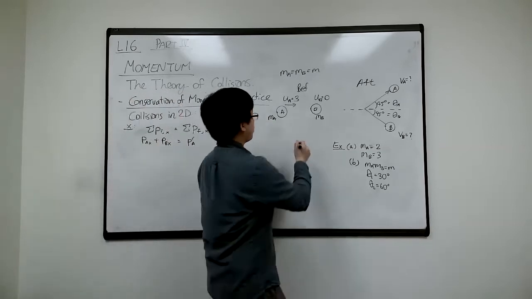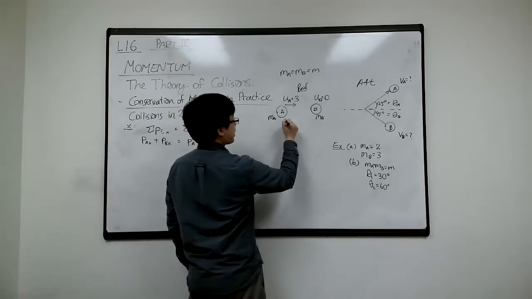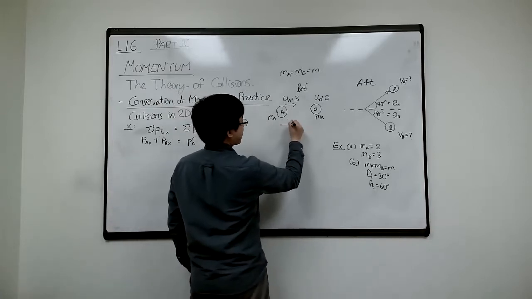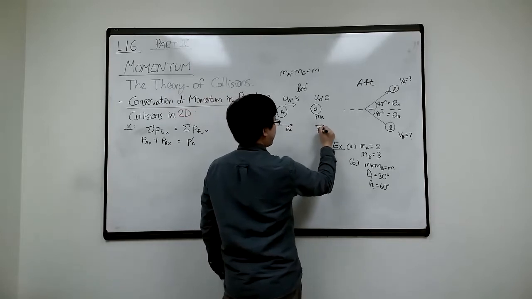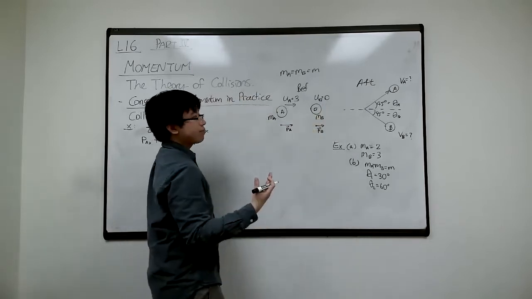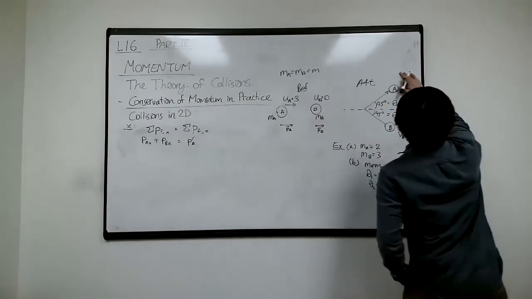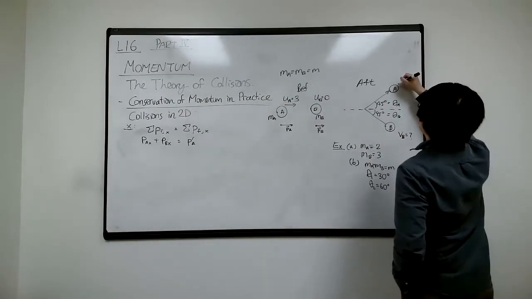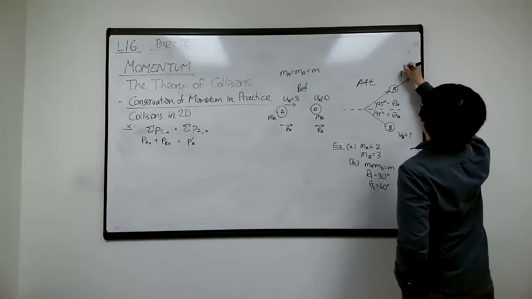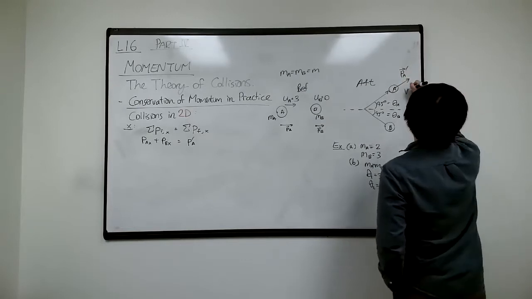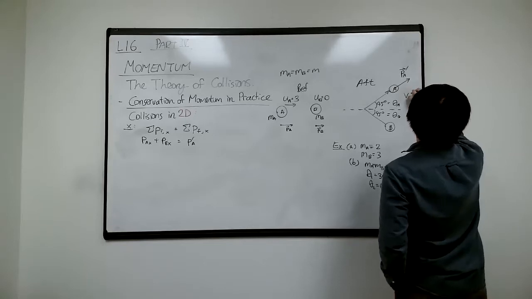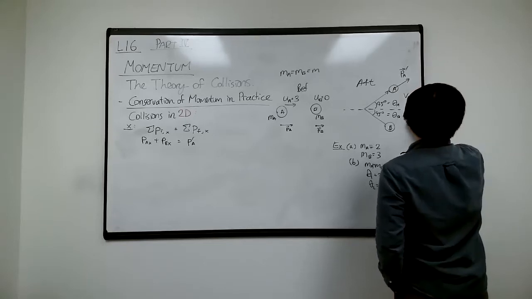Since I'm introducing new variables, I'll label this. This guy has a momentum of PA. This guy has a momentum of PB. Technically it's 0, but it's fine, we're going to set that to 0. So this guy has a momentum of PA prime. I'm going to be curious about its VA, and I'm going to be curious about its VB.